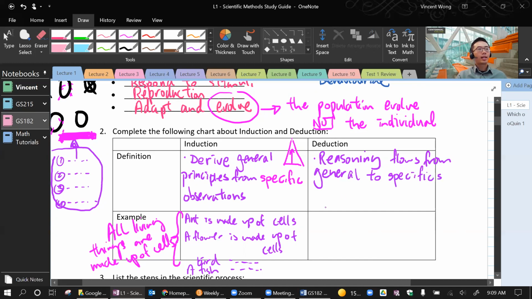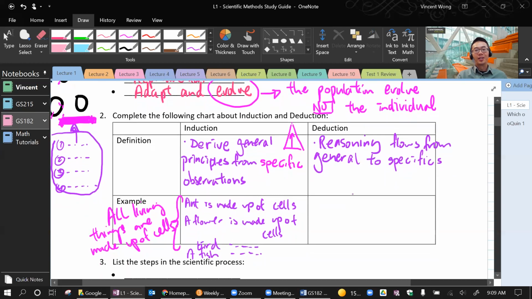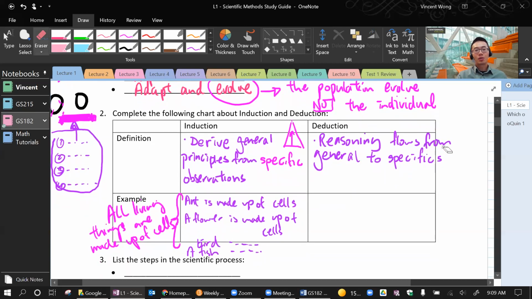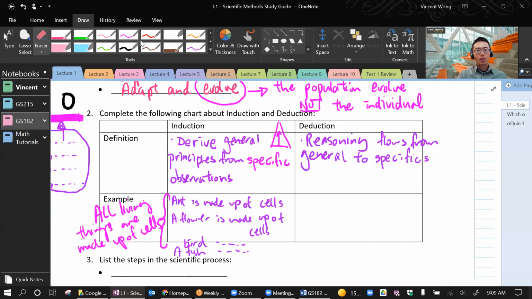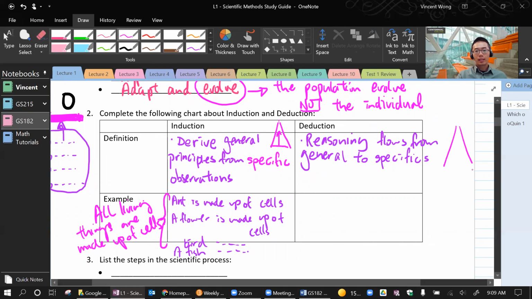If you cannot read my writing, just let me know. It's not easy to write on the computer. So if I do my triangle again, I'm going to take one general statement and then I will apply it to various specific cases.